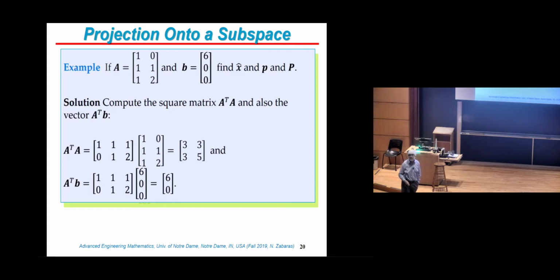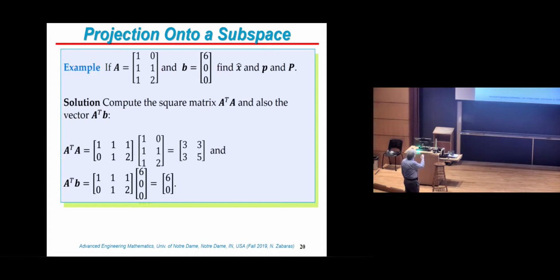Can you take a combination of the columns and solve A x equal to b? No, we cannot do it. There's no solution. So what we will do is project b to the column space and solve the approximate problem A x hat equal to the projection point p.